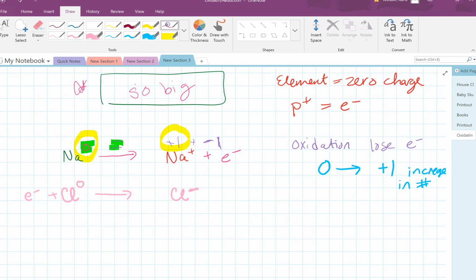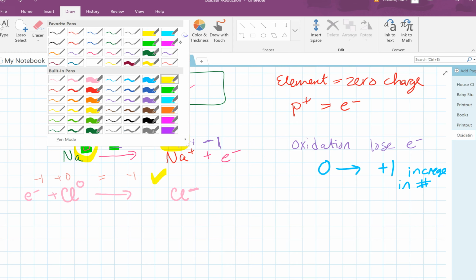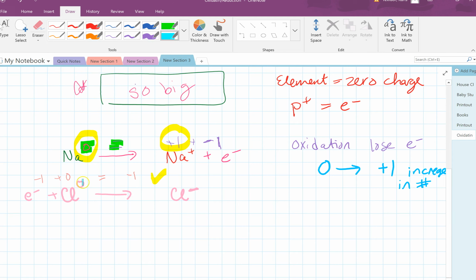And again, your charges have to be equal on both sides, so a -1 plus a 0 equals a -1. Okay, so therefore it's the same. And we look at what happened to the chlorine. The chlorine went from a 0 charge to a -1 charge. So this time we went from 0 to a -1.